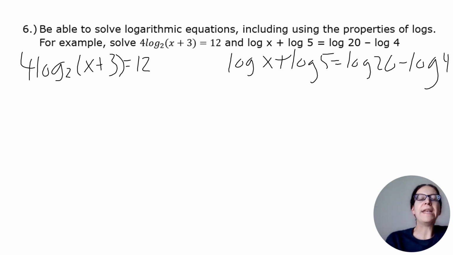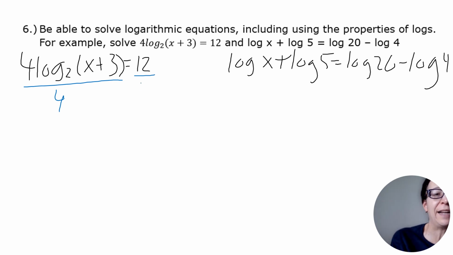Okay, first one. Now you might be tempted on this first one to put the 4 in the exponent of the x plus 3, which you can do, but it's going to give you a quadratic polynomial, which you don't want to solve. So a better way to start is to recognize that you want to isolate your log.